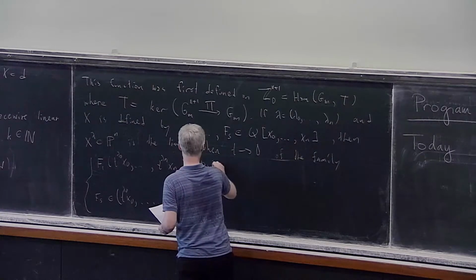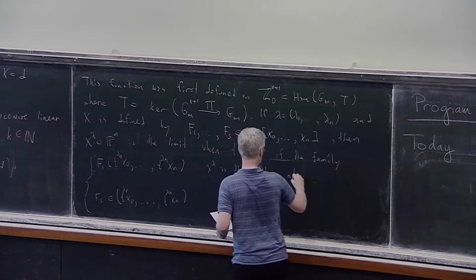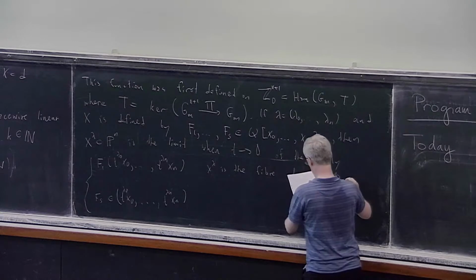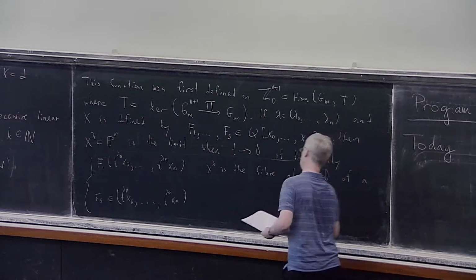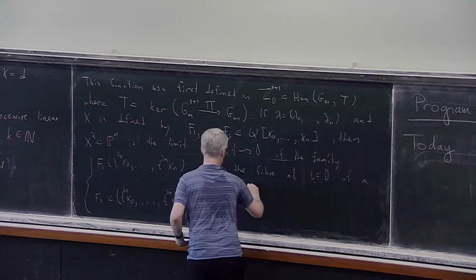So x lambda is the fiber at t equal to 0 of what I call a test configuration. It's called a test configuration in the literature.